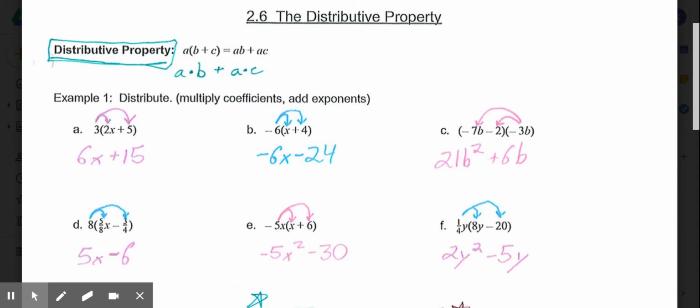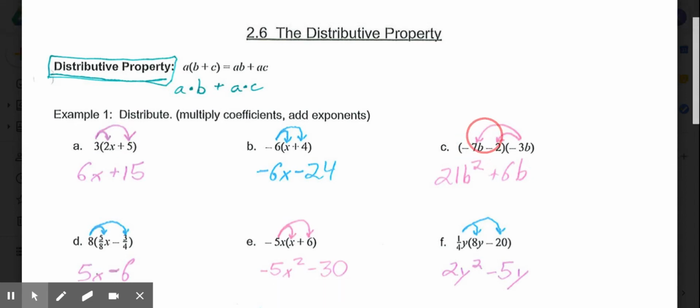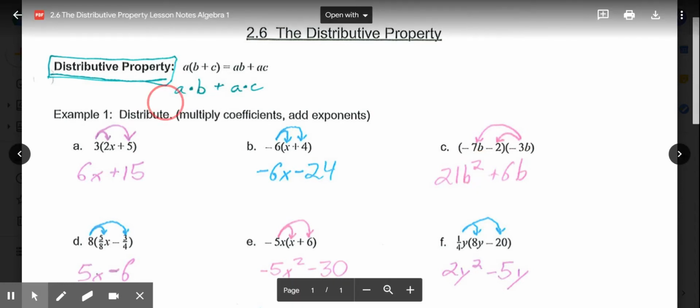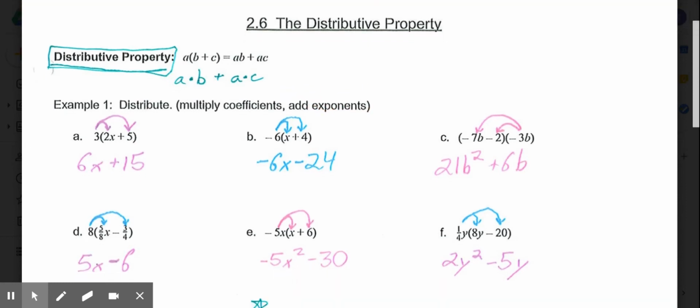And then our exponents are our powers. So like here, we'd have x to the first, even though we don't write it. Or like here, this would be a negative 7b to the first and a negative 3b to the first. So when we multiply them, we add 1 and 1 to give us an exponent of 2. So you multiply the coefficients and you add the exponents.